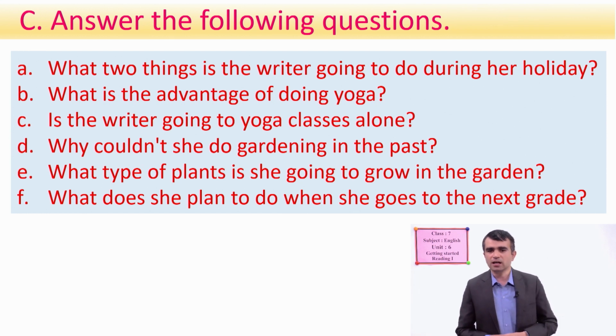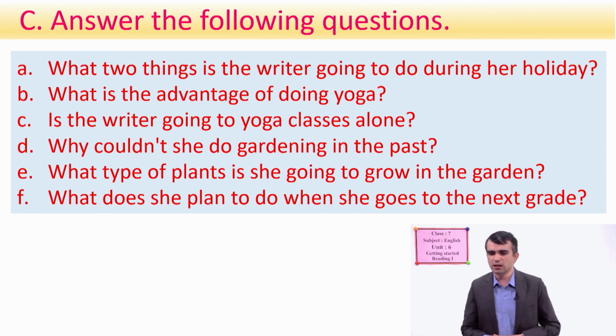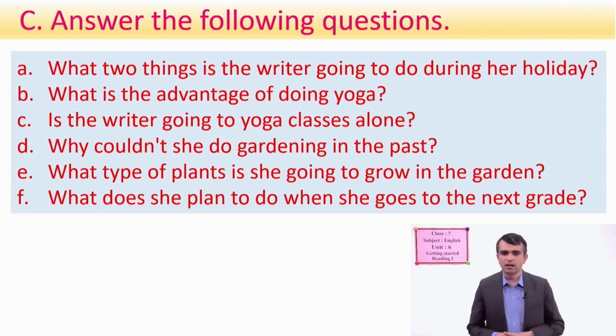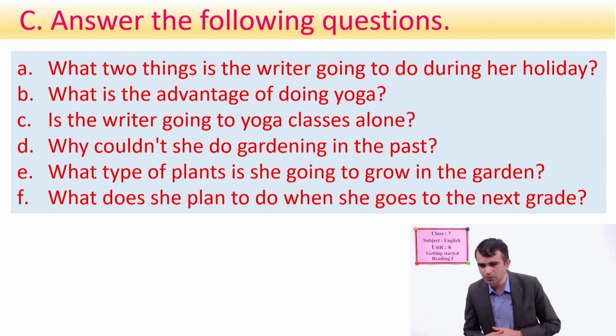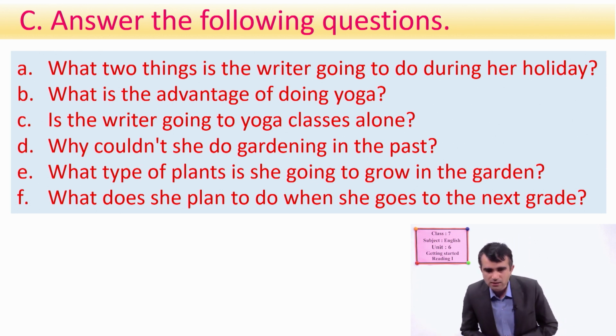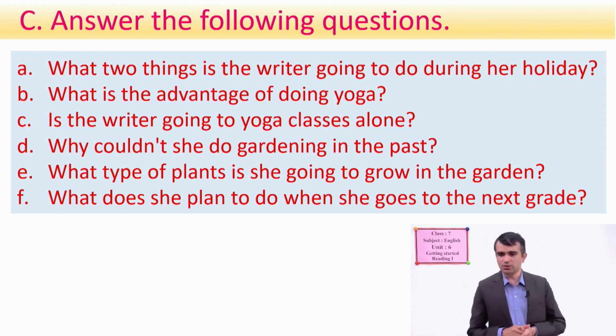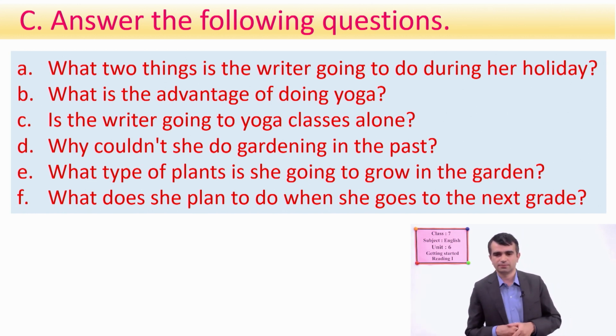C, is the writer going to yoga classes alone? Number D, why couldn't she do gardening in the past? Number E, what type of plants is she going to grow in the garden? Number F, what does she plan to do when she goes to the next grade? Okay, you should answer these questions now.